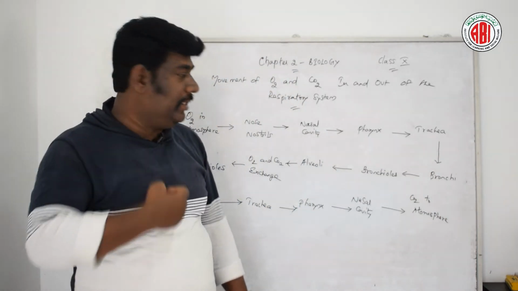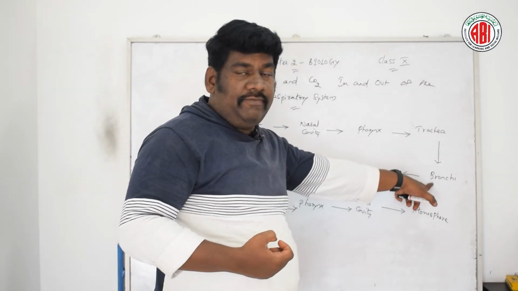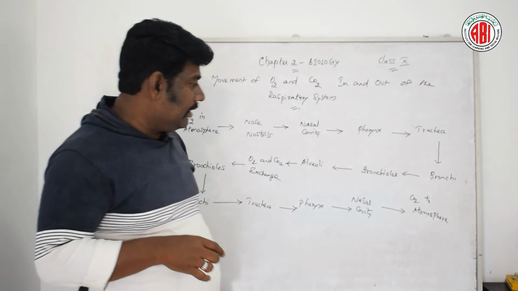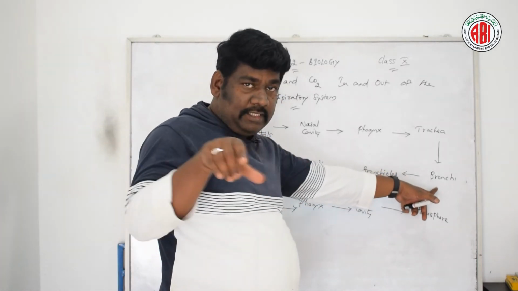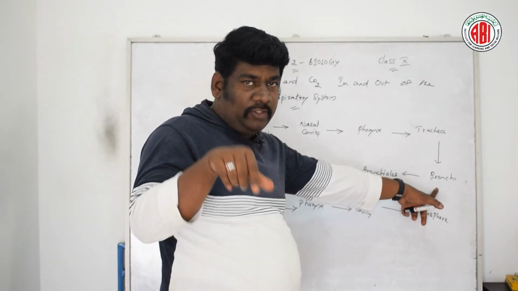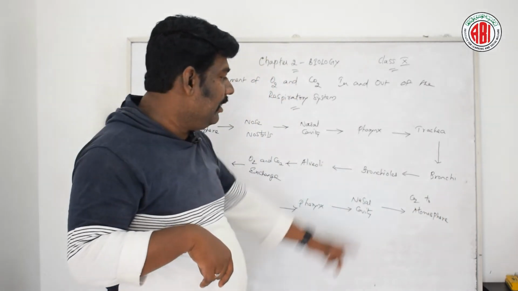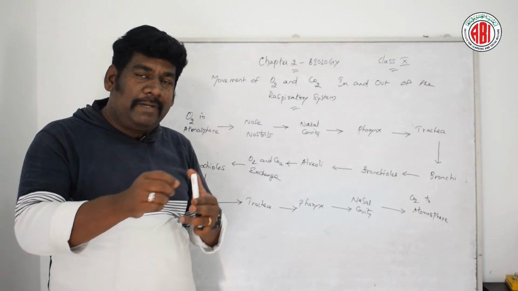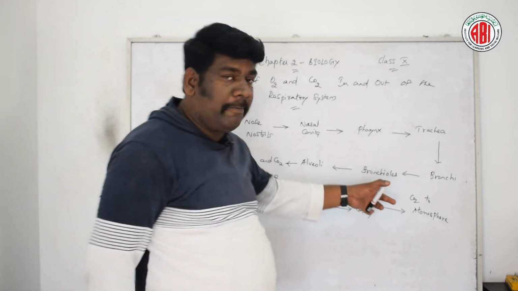There we have bronchi, two branches, which can be seen in the human lung structure, and the bronchi lead to further small branches called bronchioles.